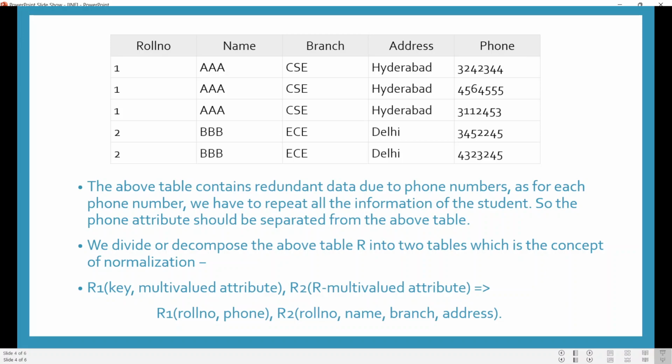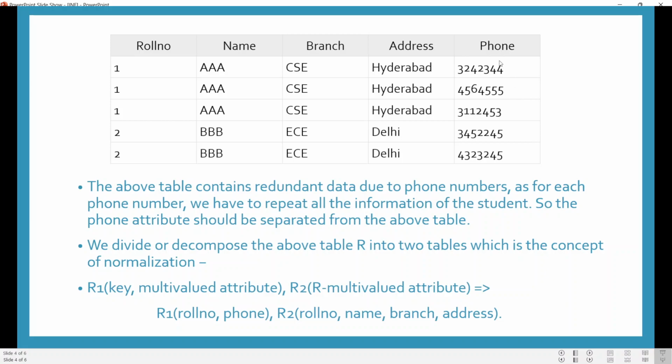For the second relation, the original relation is this one, and we have to remove the multi-valued attribute from the original relation. The multi-valued attribute in the original table is phone number.